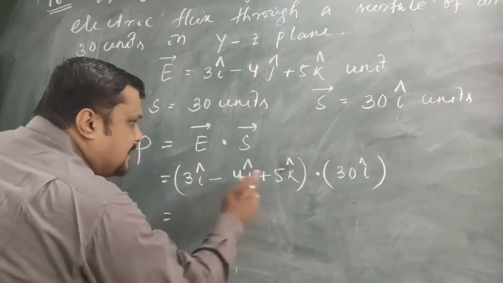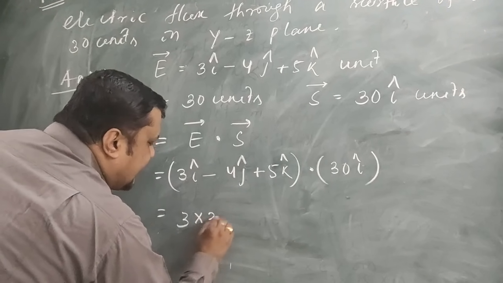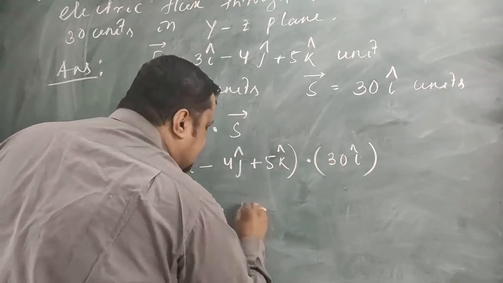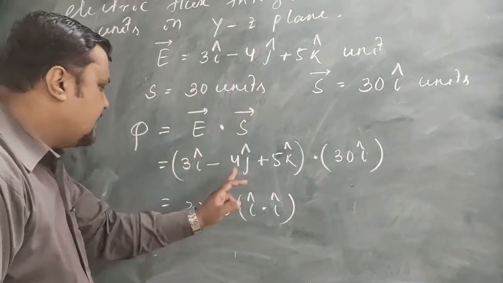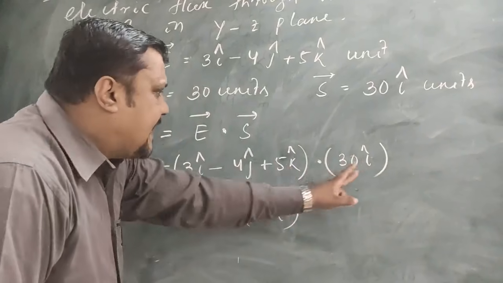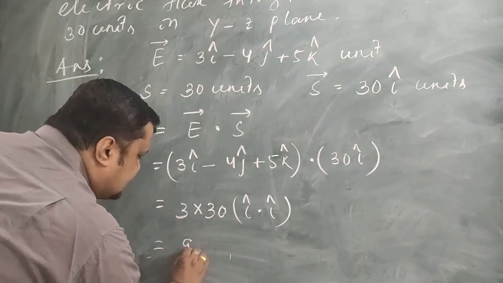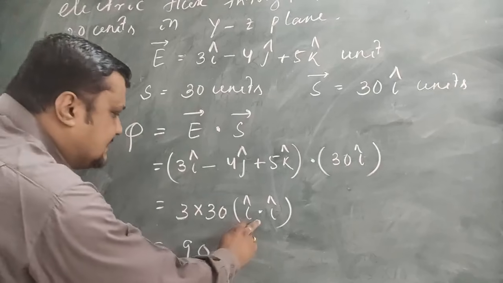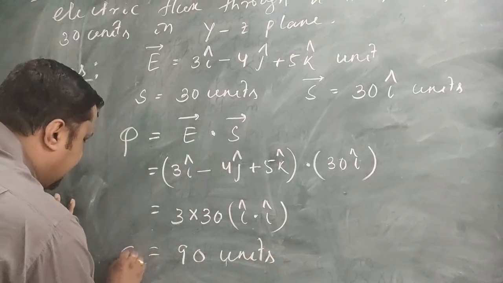So 3 i cap dot 30 i cap is equal to 3 into 30, since i cap dot i cap is equal to 1, and the others are 0. So this is equal to 90 units. That is the flux.